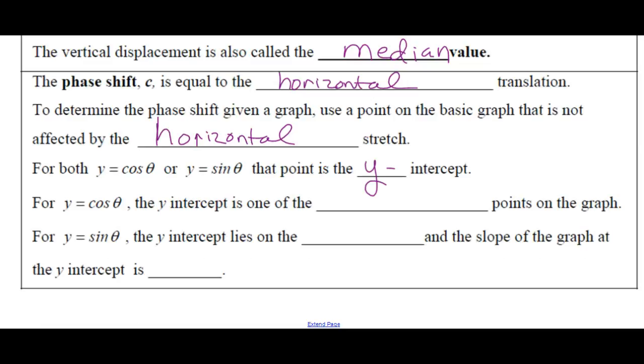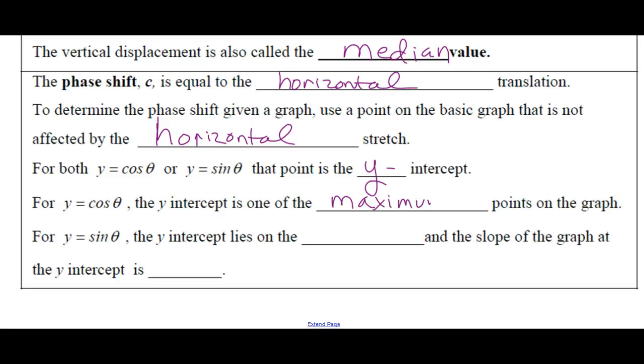For y equals cos theta, the y-intercept is one of the what on the graph? What kind of a point? Is it a big point? Is it a little point? So what's the y-intercept? It's a maximum point on the graph, so it's one of the maximums.